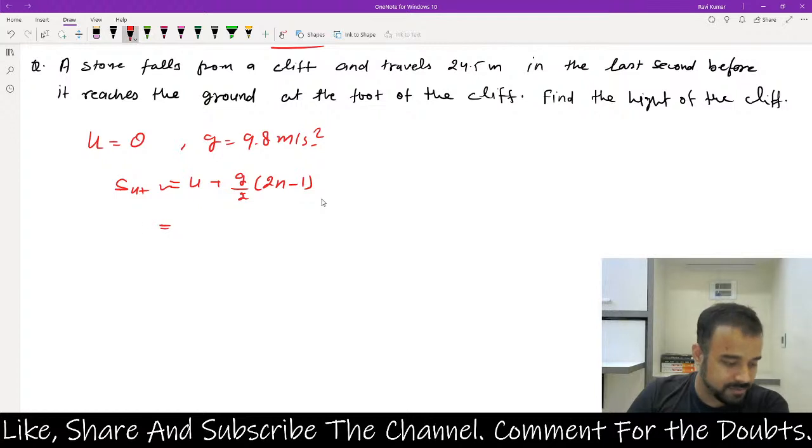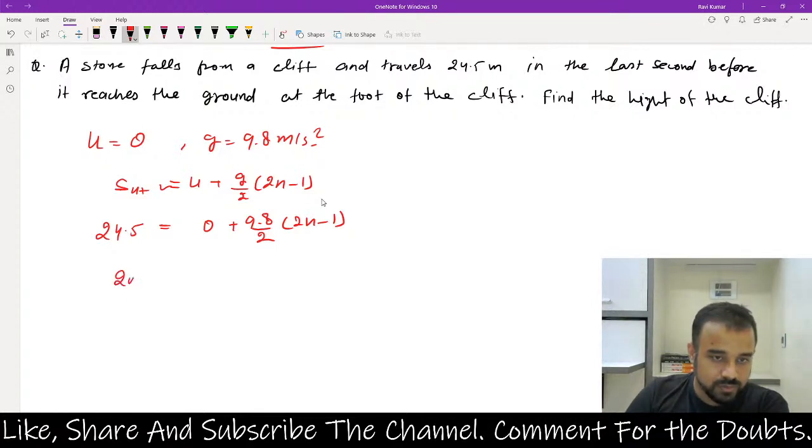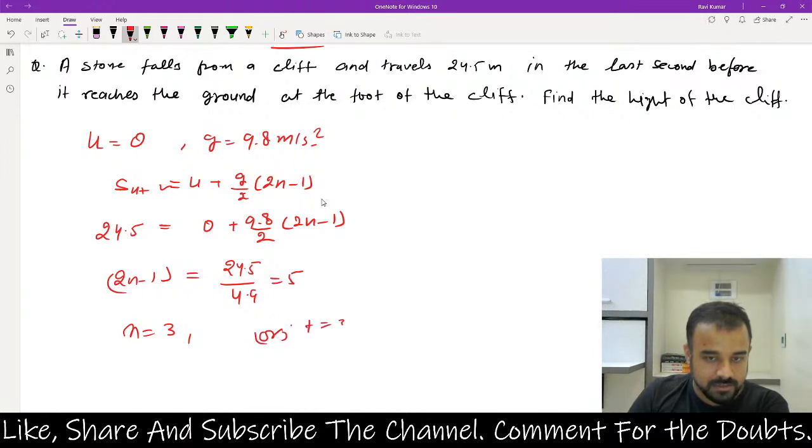So 24.5 is equal to 0 plus 9.8 by 2 into 2n minus 1. So 2n minus 1 की वैल्यू हमारे पास यहाँ से होगी 24.5 divided by 4.9, that is equal to 5, and n is equal to 3, or t is equal to 3 second.